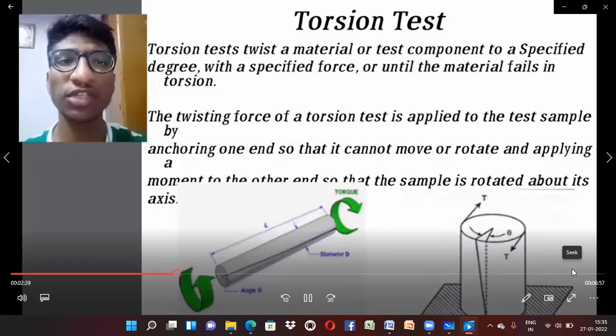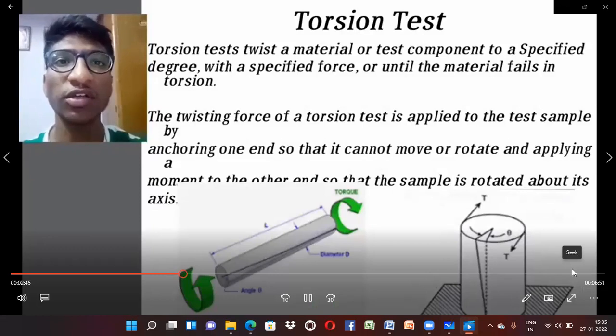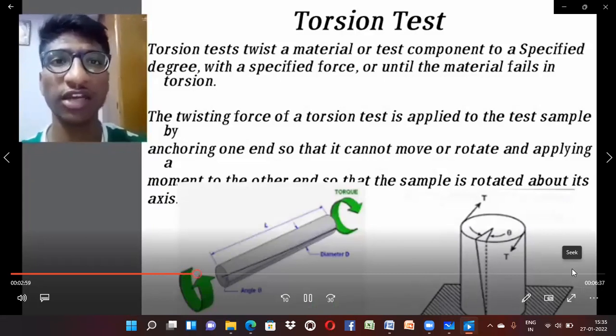When we do a twisting movement, stresses are developed, and the cross section will be changed. That is nothing but shear strain, and the stresses developed are nothing but shear stress. So rigidity modulus is equal to the ratio of shear stress to shear strain.